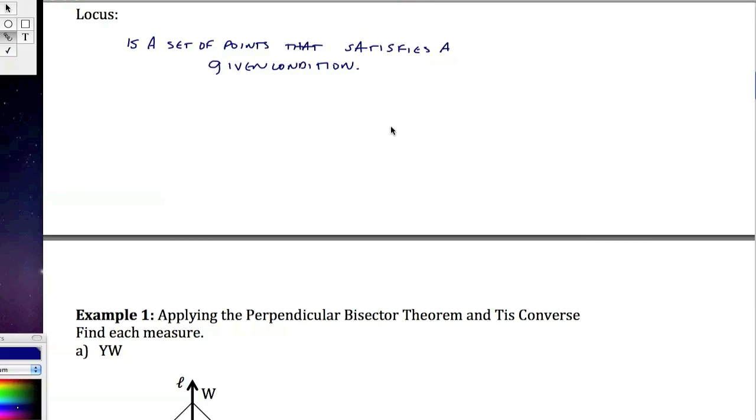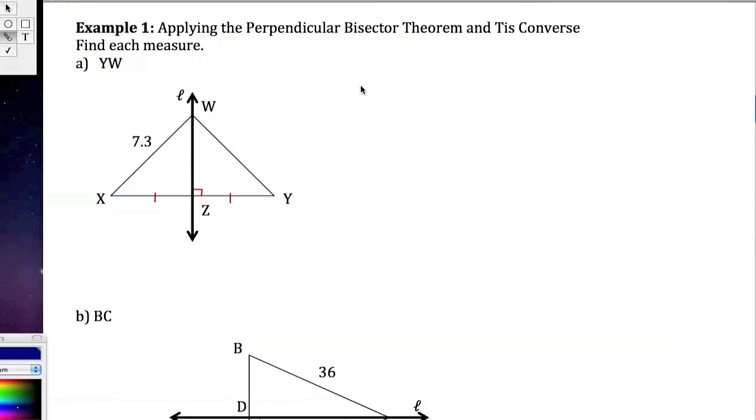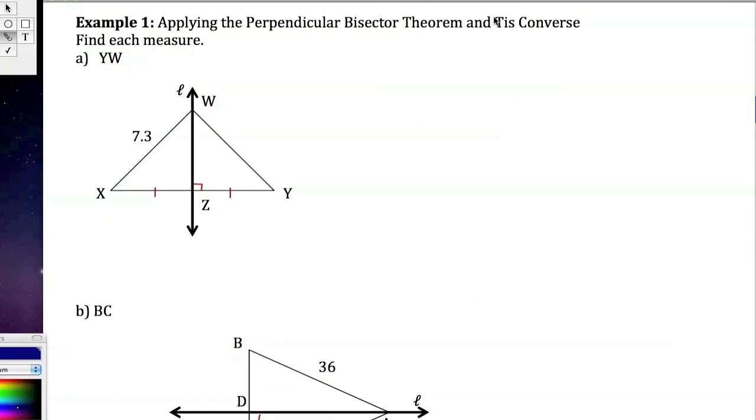Okay? So the perpendicular bisector can be called a locus because it's a set of points that satisfies a condition. Okay? Now, applying the perpendicular bisector theorem and its converse, we're going to find each measure.